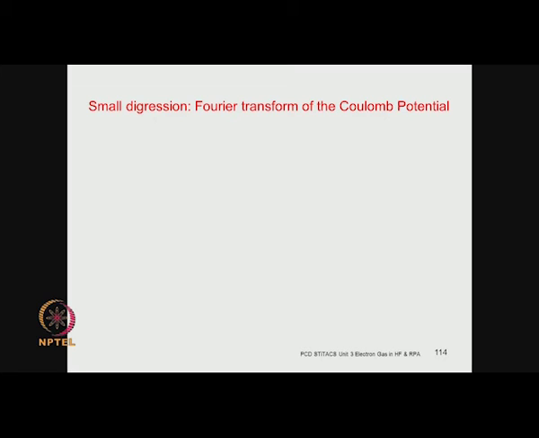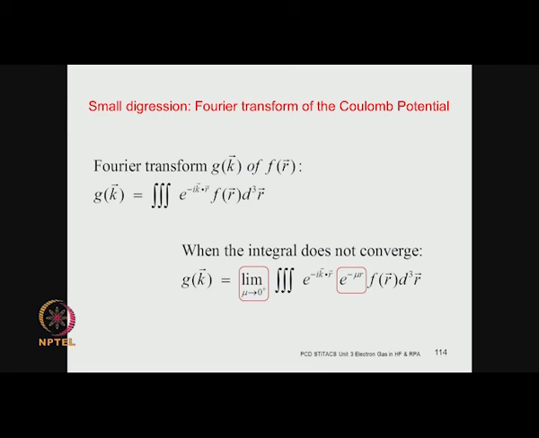So I will have a very tiny digression without getting into too many details, because you have the general definition for Fourier transforms, and the problem is that when this particular integral does not converge, you can do it by introducing a mathematical convergence factor.